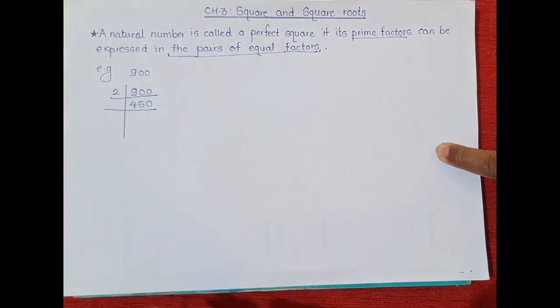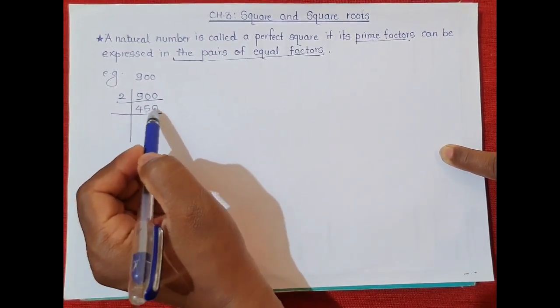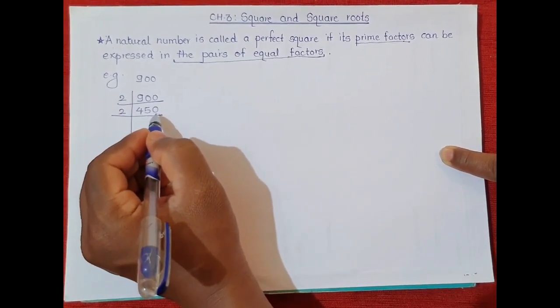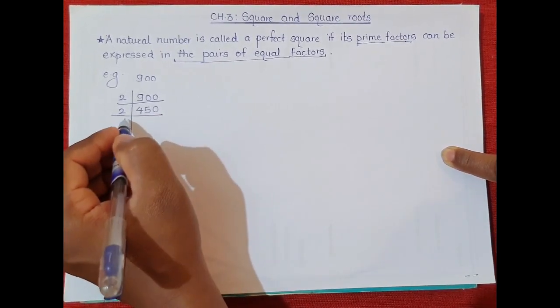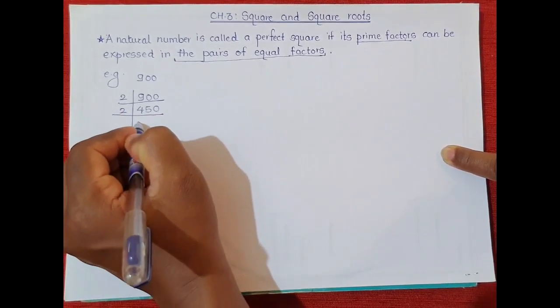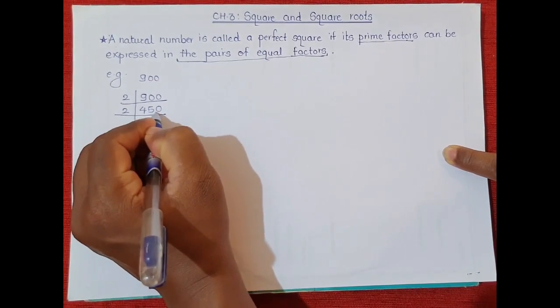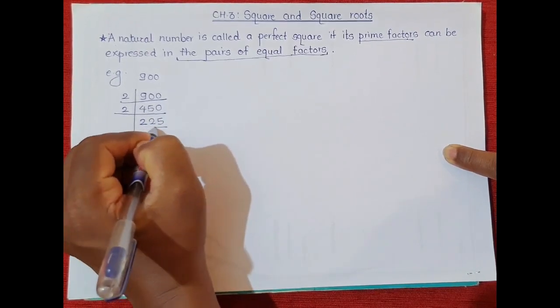See now 450. Is 450 divisible by our first prime number? Yes, since the last digit is 0, it is divisible by 2. So let us divide. 2 2s are 4, again 2 2s are 4, from 5, 1 carry forward becomes 10, 2 5s are 10, so 225.